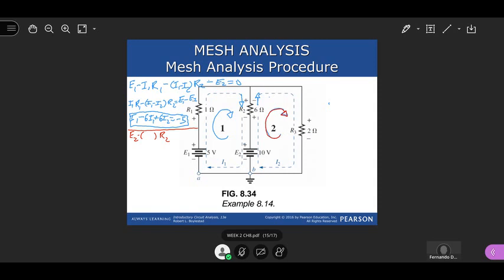So then it's going to be I2 minus I1. Right? And then I continue to minus I2 times R3.